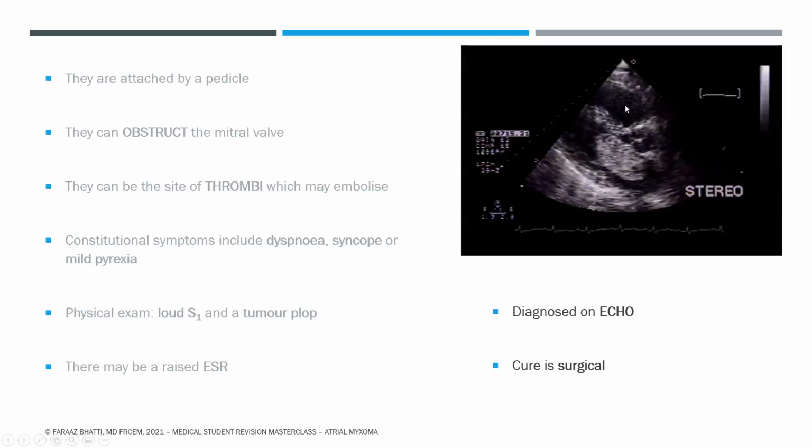As you can see on the echo, I just draw a line there. You can see there is the atrial myxoma and there is the peduncle.